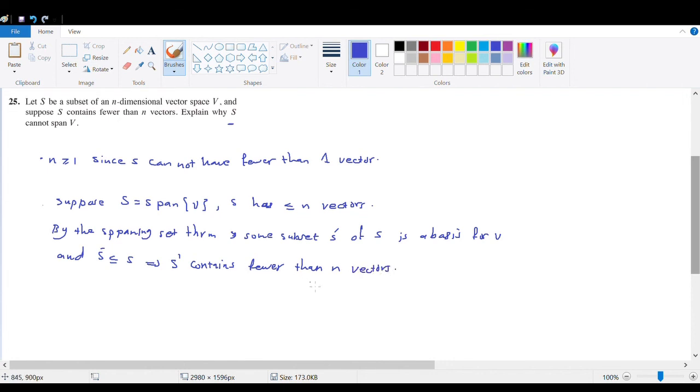So now this subset contains less than n vectors. That means there exists a basis S dash for V with fewer than n vectors.